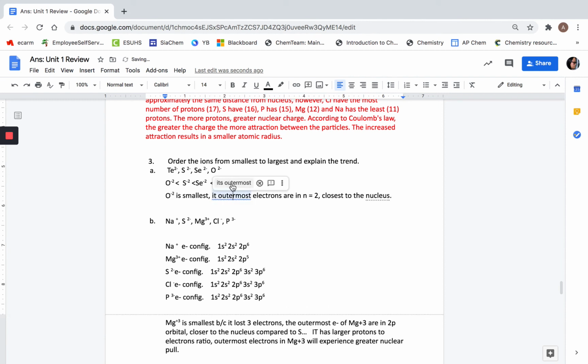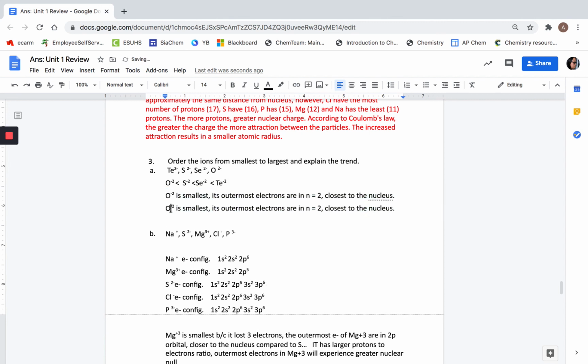We're going to say Te -2 is largest because its outermost electrons are in 5p.